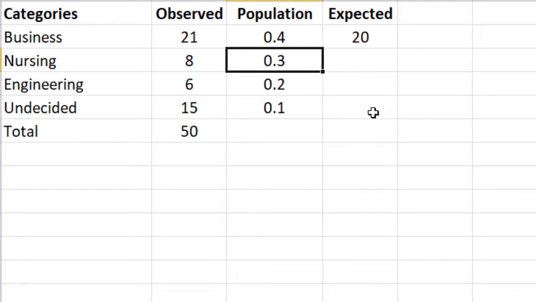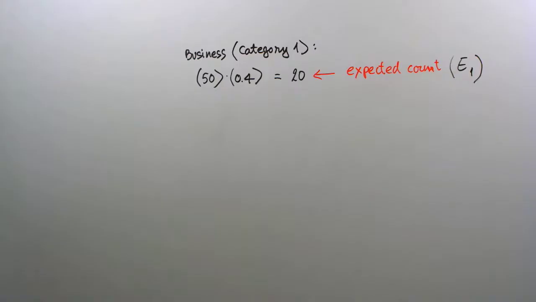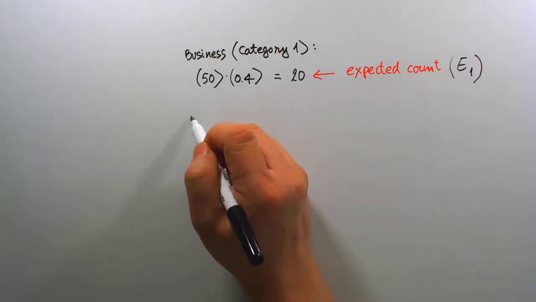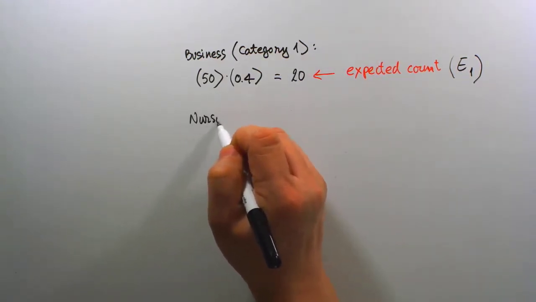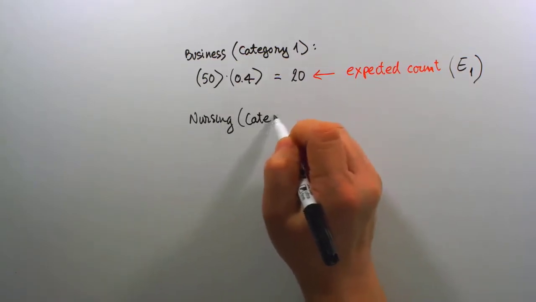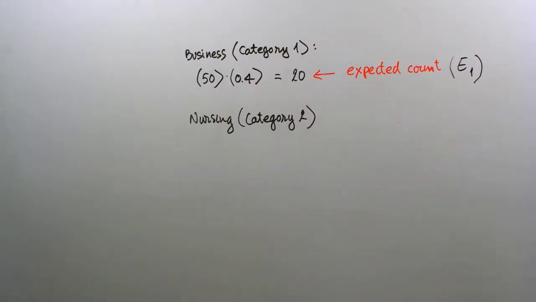And if that population proportion of nursing major was correct to be 30%, then in this sample, back on my writing board, now we are currently at nursing major, which we can refer to as category 2 among all of our categories in this population.